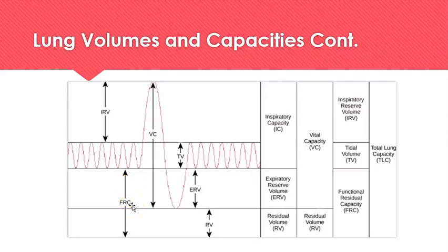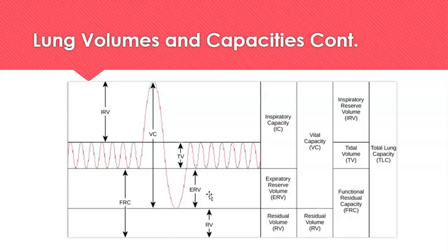Again, the volume of air in the lungs after normal exhalation. The ERV, a component of that, is the expiratory reserve volume. This is the maximum volume of air that can be exhaled after a normal tidal exhalation. This is 15% of the total lung volume.